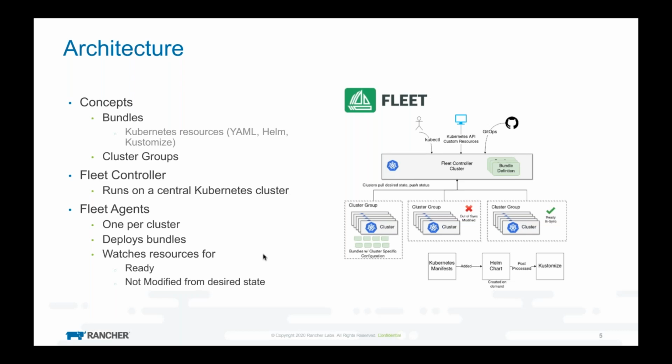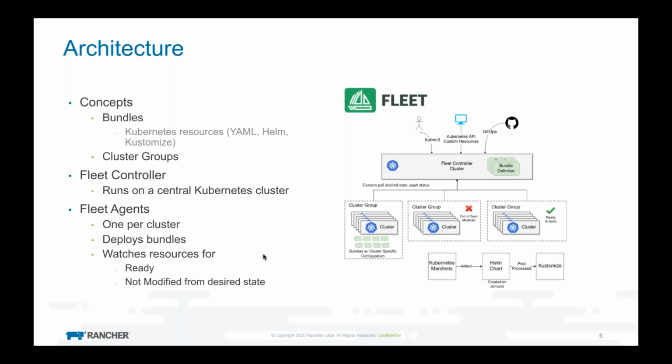As we integrate Fleet more with cluster provisioning, the cluster group concept will make a little more sense. Even though a cluster is a member of one group, when you deploy bundles, it's all based on selectors of clusters, so it's not actually tied directly to cluster groups. Cluster groups have more to do with the management of the cluster and reporting an aggregated status. Okay, so those are the high-level concepts of bundles and cluster groups.